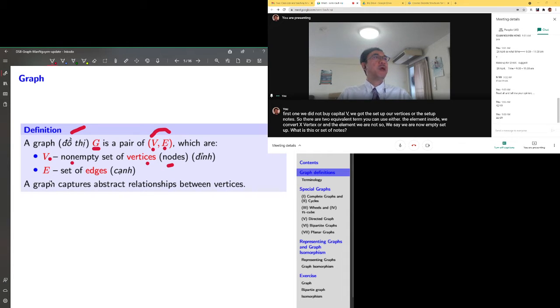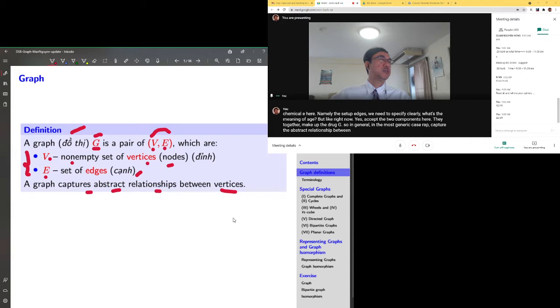Okay. Then the second component in the graph G, we denote by capital E, namely the set of edges. We need to specify clearly what is the meaning of edge, but right now, just accept the two components here. They together make up the graph G. So in the most generic case, a graph captures the abstract relationship between the vertices.